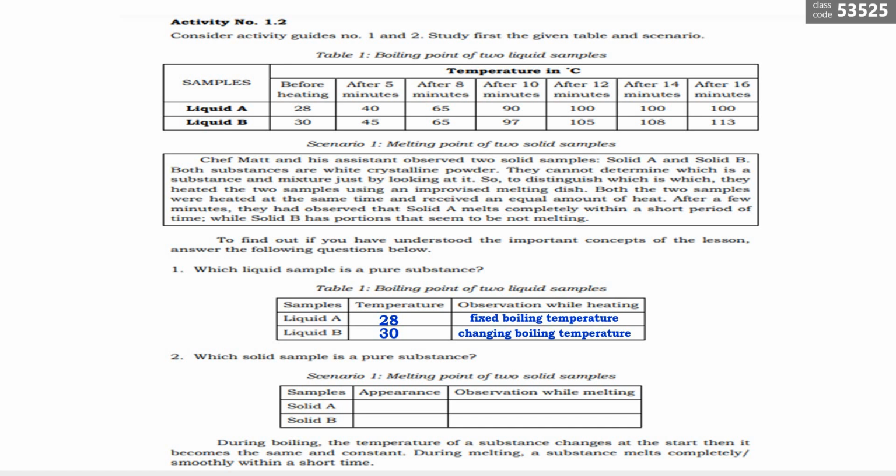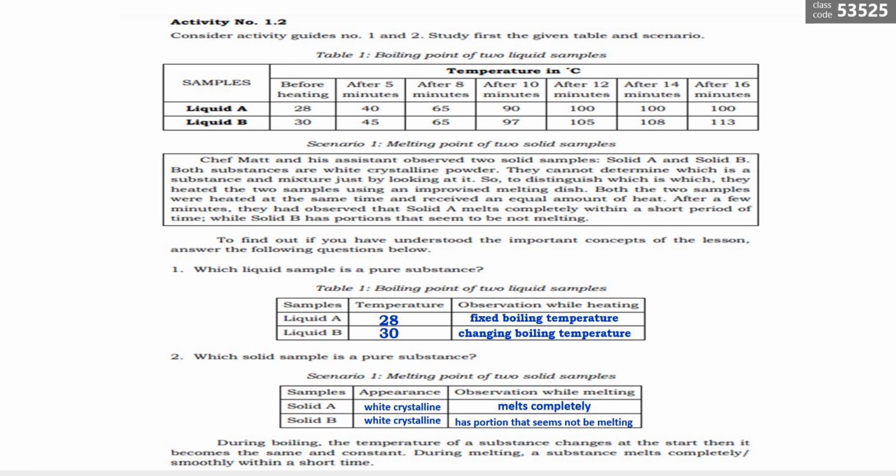Number 2, which solid sample is a pure substance? Scenario 1, melting point of two solid samples. Samples, appearance, observation while melting. Solid A: appearance white crystalline, and observation while melting, melts completely. Solid B: same white crystalline appearance, and observation while melting, has portion that seems not to be melting.